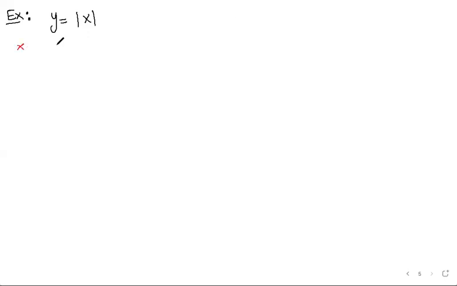So point x, y equals absolute value of x, and x comma y. Same points, -2, -1, 0, 1, 2. The absolute value again makes the negative numbers positive and keeps the positive ones positive.